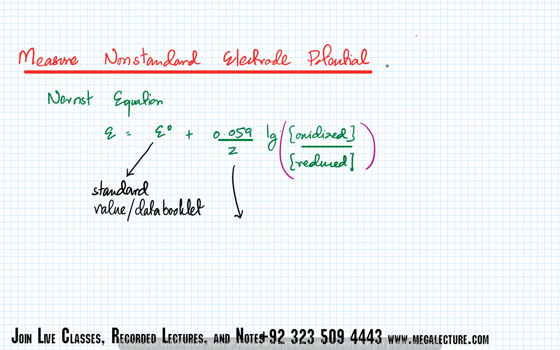Z is the total number of electrons that are involved in the electrode equation. ठीक है, remember हम electrode की value measure करेंगे. The cell potential will automatically get calculated if you know the electrode values. As a number of electrons in equation.